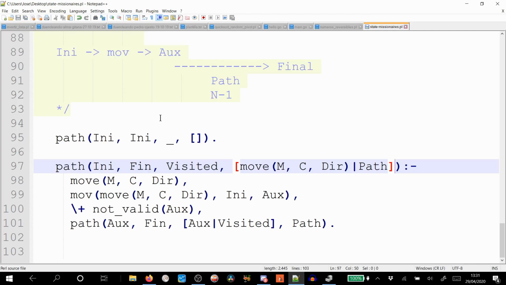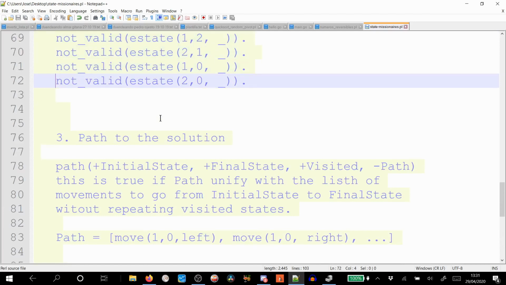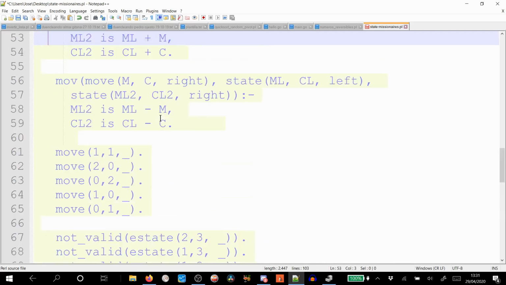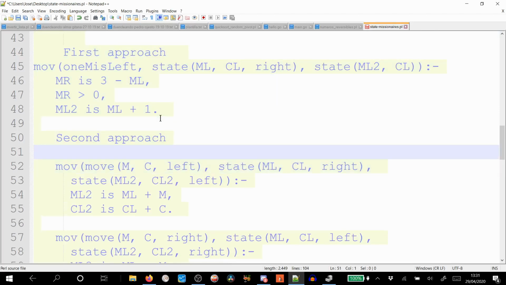Yeah. Okay, let's check if that works. And I have to put here some comments because it's not part of the code. This is a second approach. This is our valid approach for us. It's simpler.